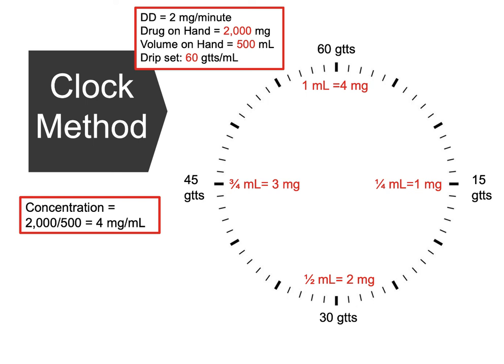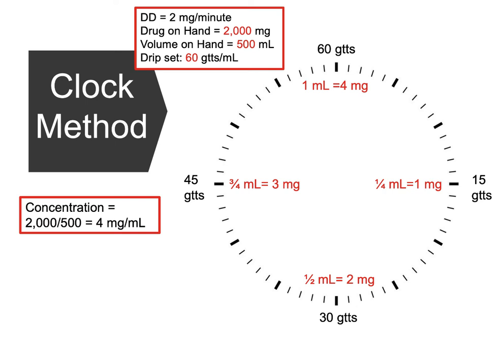So in the example of our lidocaine, if we have 2 grams or 2,000 milligrams that we put into a 500 milliliter bag, that concentration is 4 milligrams per milliliter. Well, earlier we said that 60 drops equals 1 milliliter. So if I deliver an entire 60 drops, you can see at the top in red, 1 milliliter has been delivered, meaning at that point, when I've given my patient 60 drops, I've given them 4 milligrams.